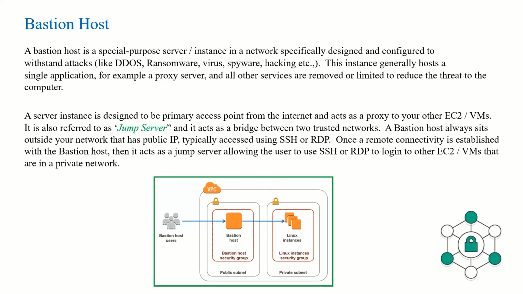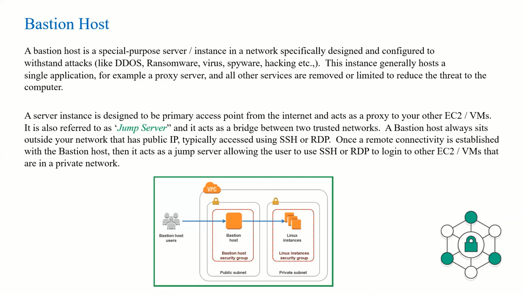So this instance generally hosts a single application, for example, a proxy server, and all other services are removed or limited to reduce the threat to the main server. So a server instance is designed to be the primary access point from the internet and acts as a proxy to your other EC2 or virtual machines.